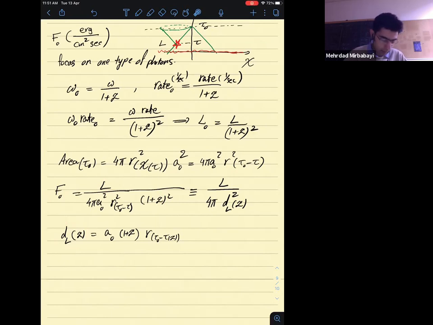And that gives us a relation that allows us to determine tau as a function of z, which depends on the particular history that we have. Or r as a function of z, that depends on the history. Any questions about this?